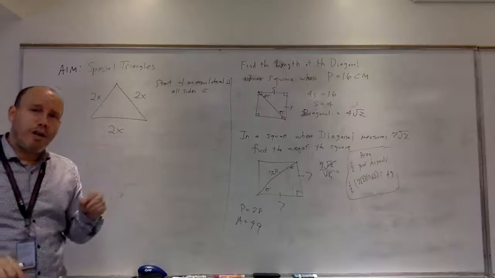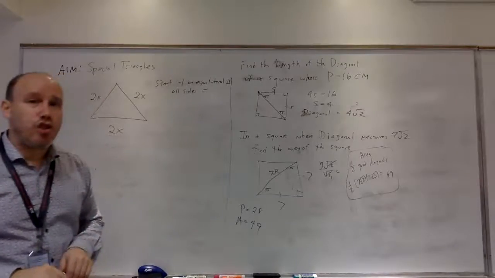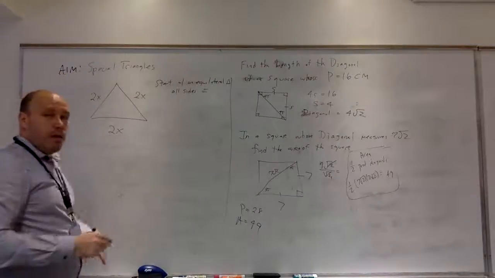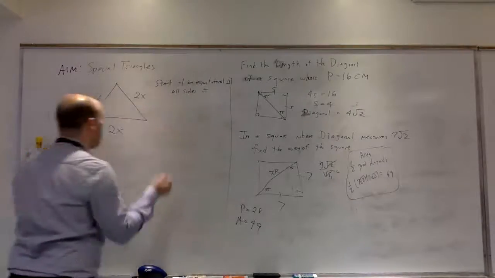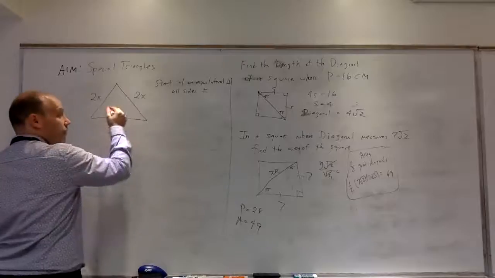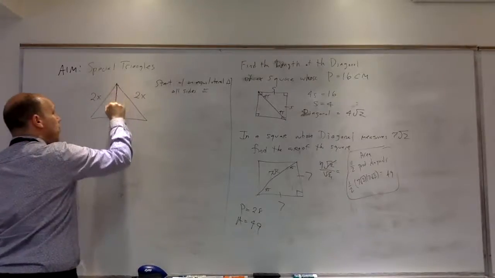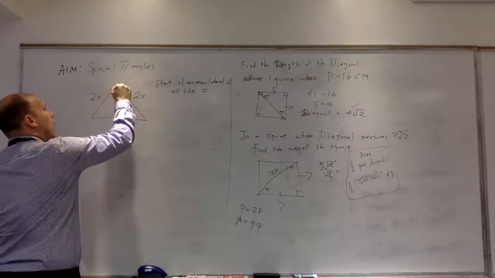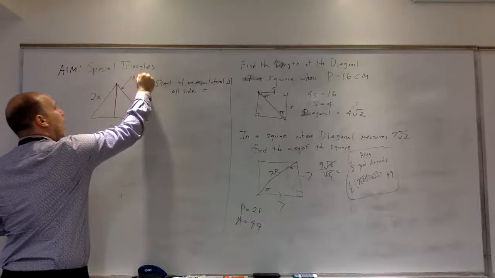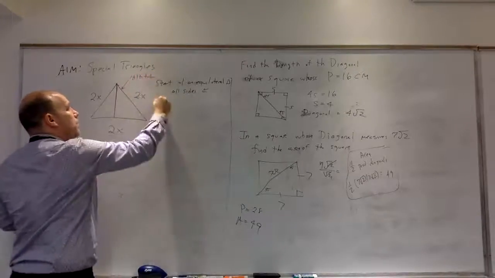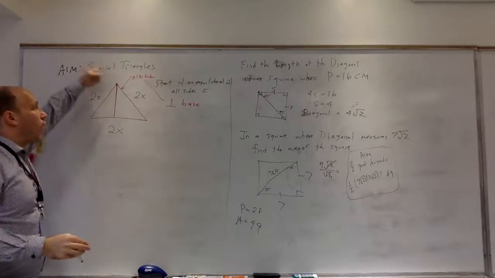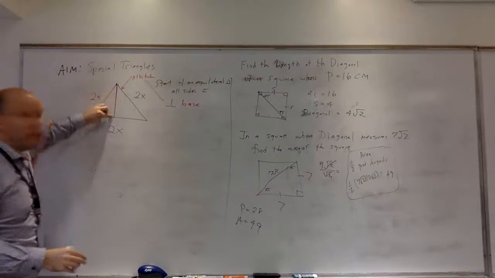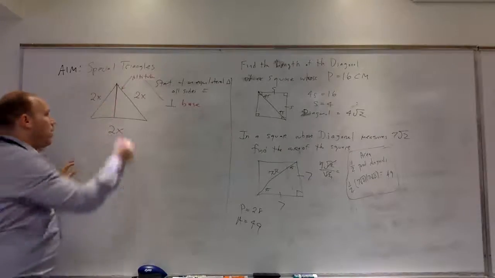Now, last year, you should have learned that an altitude is perpendicular to the base. This is an altitude. It starts at an angle and it's perpendicular to the opposite side.